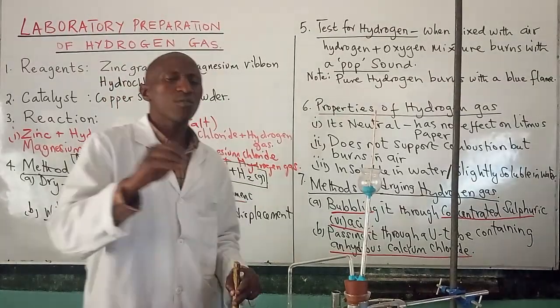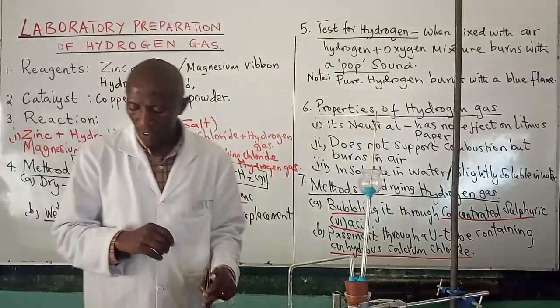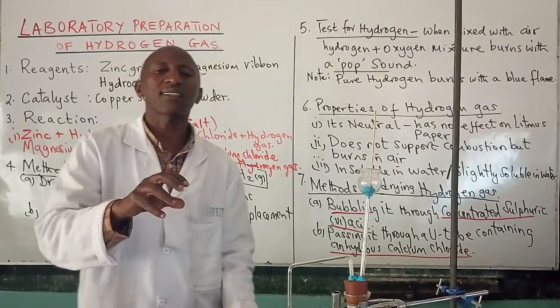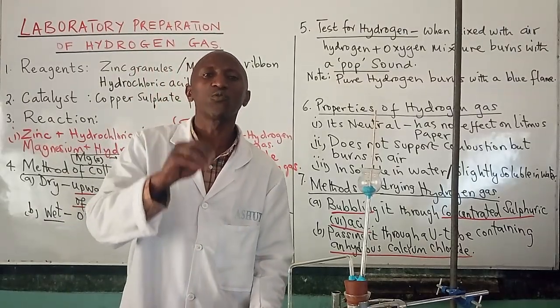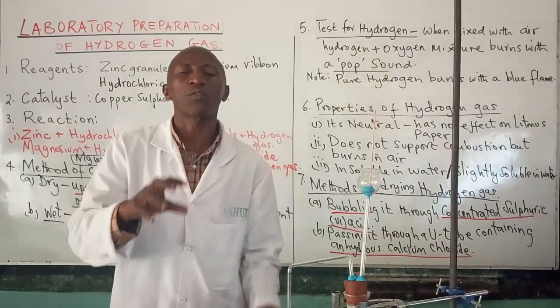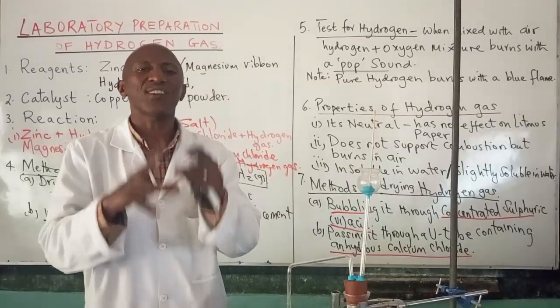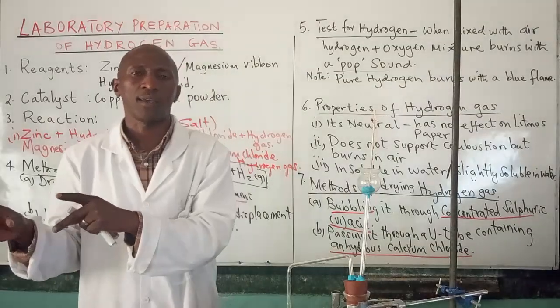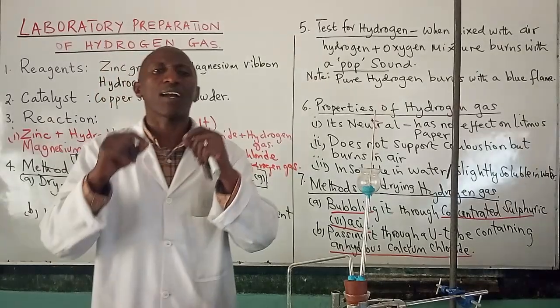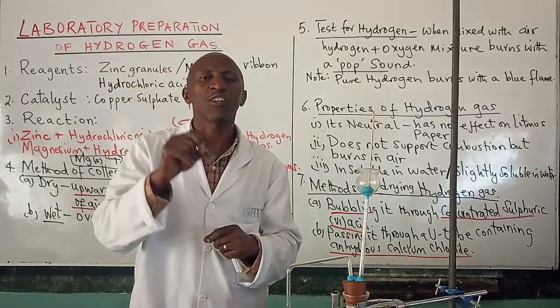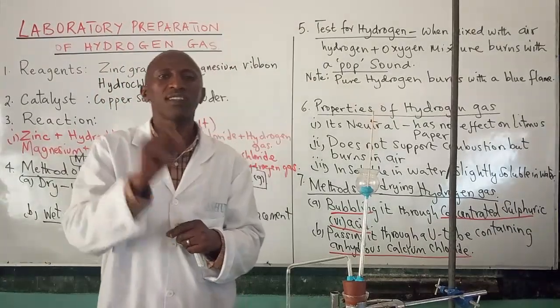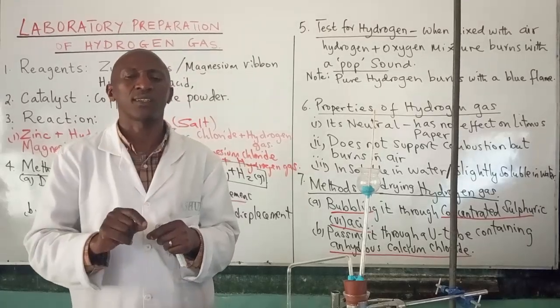Viewers, the answer to that is that nitric acid is not used to prepare hydrogen gas because it oxidizes the hydrogen produced to water. Because of the oxidizing property of nitric acid. Nitric acid is an oxidizing agent.